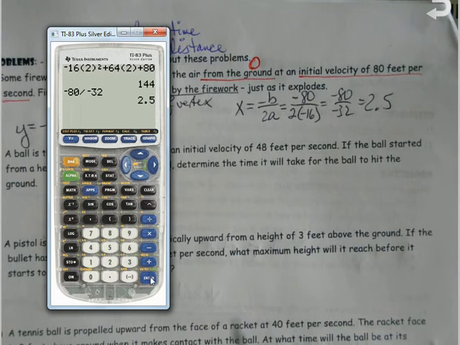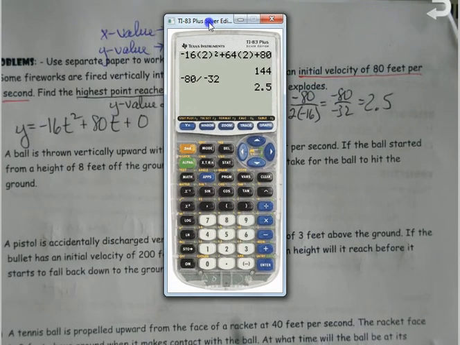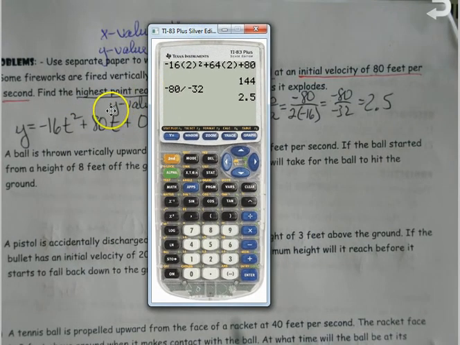It just means I can't use the chart when I'm doing this. So again, I have choices. I can just take my equation right here and plug in the 2.5. And I think most of you are going to like that option better because that works on every calculator. I don't have to have a fancy schmancy one to do that.